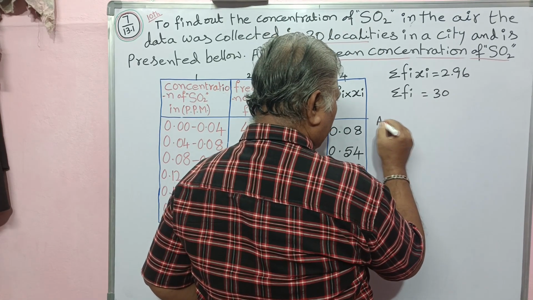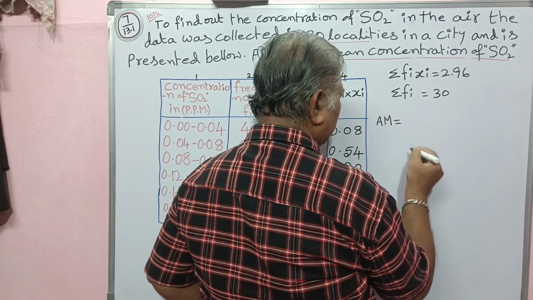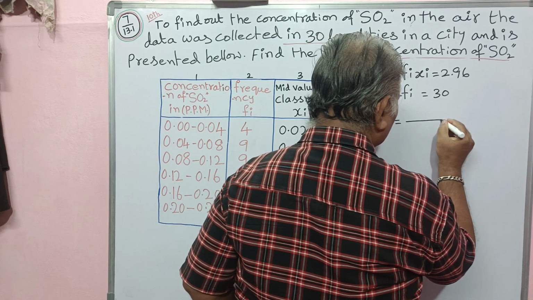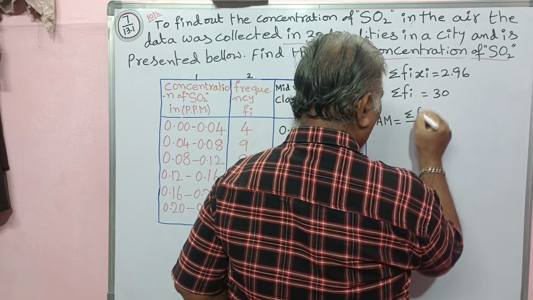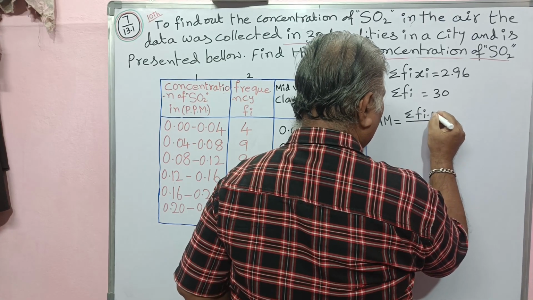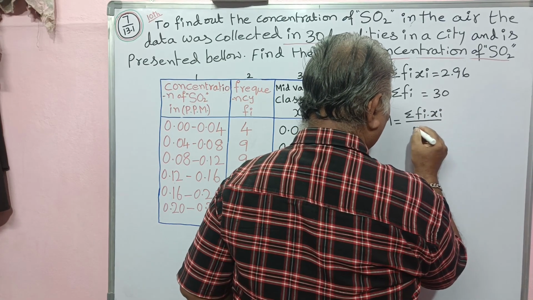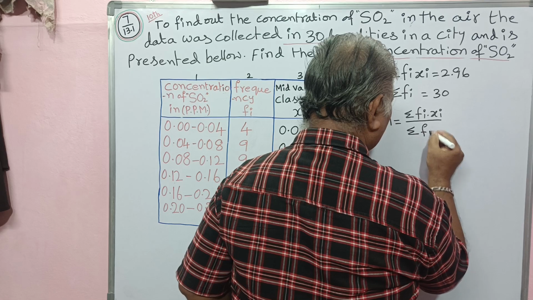Arithmetic mean is equal to sigma fi xi by sigma fi.